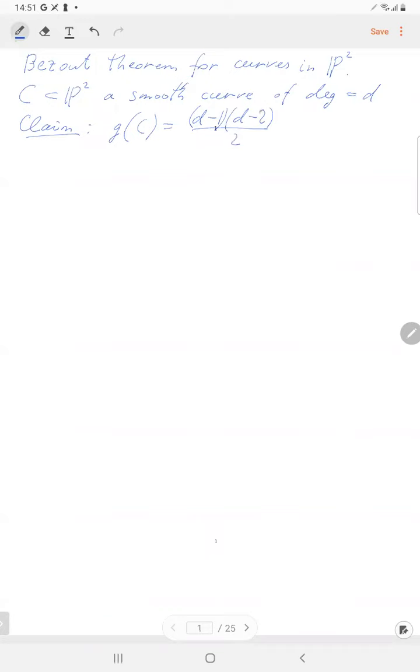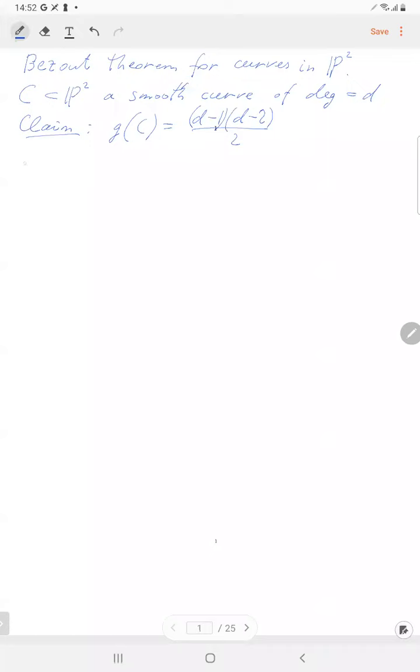For example, if degree is 1, certainly the genus is 0. If degree is 2, then genus is 0 as well. So it's a smooth quadric, isomorphic to P1 by stereographic projection. And if degree is 3, then genus is 1. It's an elliptic curve. We know this.